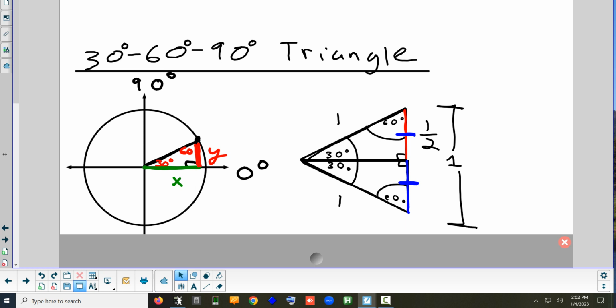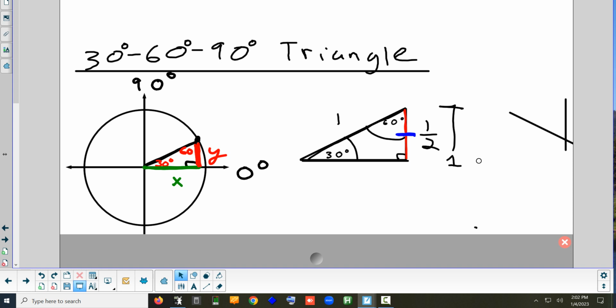So now the bottom triangle I don't need anymore. So I'm just gonna take that triangle and move it. Okay, let's call the bottom side x. What could I do now to get x that I couldn't do before?